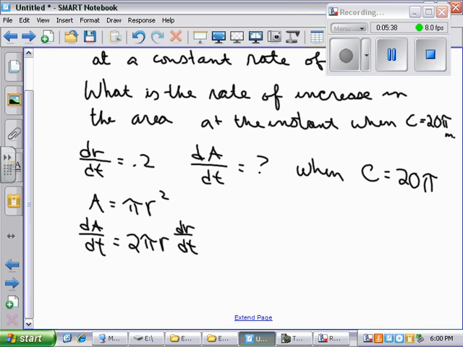And we want to figure out what dA/dt is. I know for dr/dt, I'm going to put in 0.2. What do I put in for 2 pi r? 20 pi. They told us what 2 pi r was, because that's the circumference. So 2 pi r equals 20 pi. And what's nice is I don't have to first figure out what r is and then plug it in. I can just plug the whole thing in, because that is the circumference.